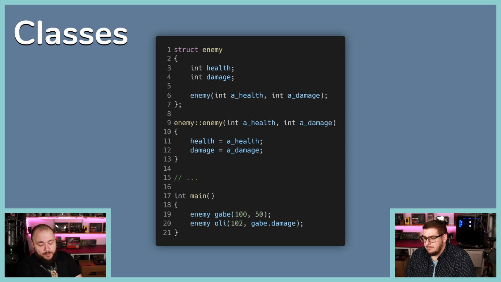So if you think about where the program is running, the flow of the program starts from line 17. It always starts from main. Then it goes to 18, opening a scope. It goes to 19. We're creating a variable. What is the variable? It's called Gabe. What's the type of it? The type is enemy.